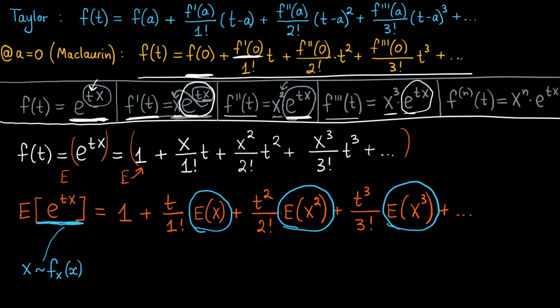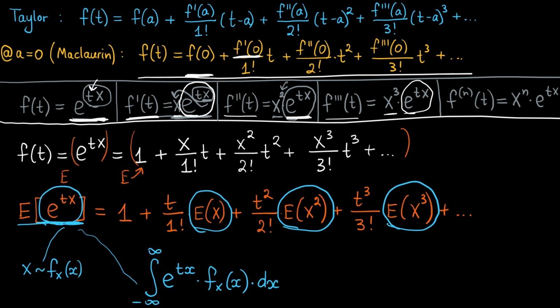Okay, well then LOTUS tells us that the expected value of this deterministic function of x will be given by the integral of this function of x times the PDF of x, not of e to the power of tx, right? That's the whole simplification that LOTUS gives us. And this is over the entire real line. And you see now that with LOTUS, the PDF of x enters the picture on the left side.